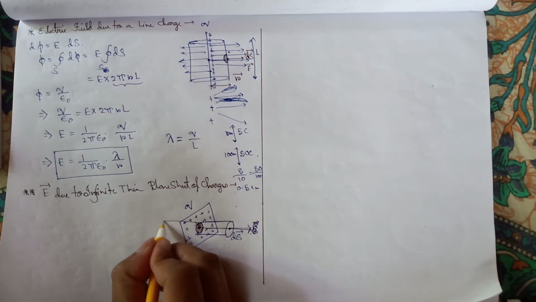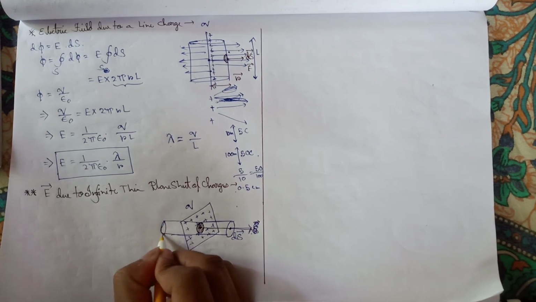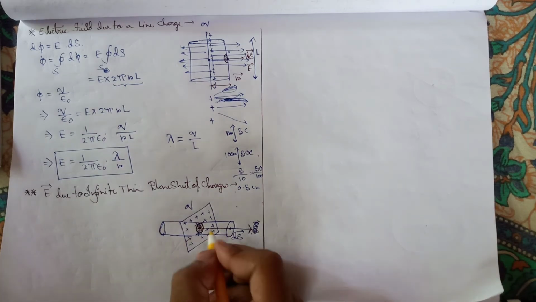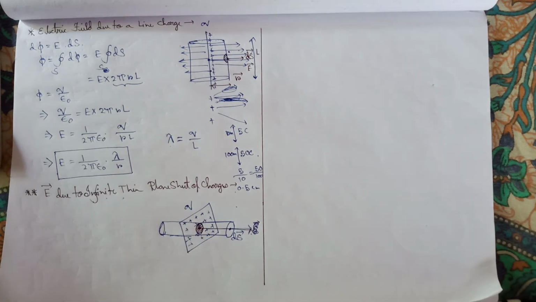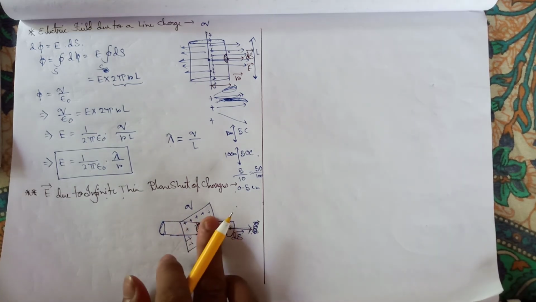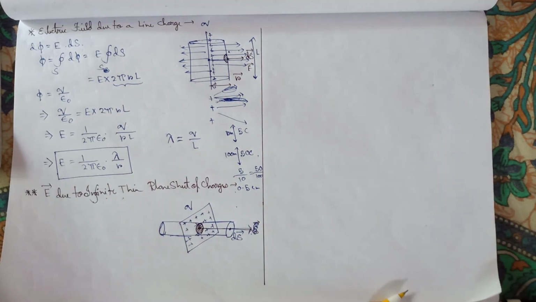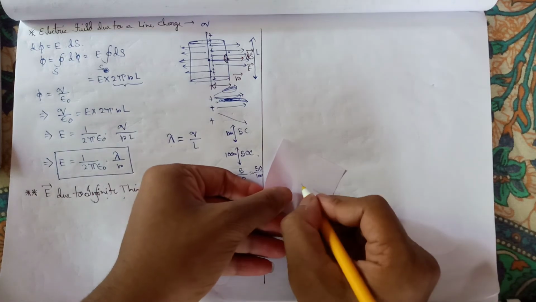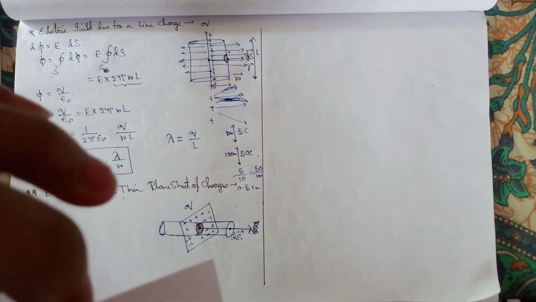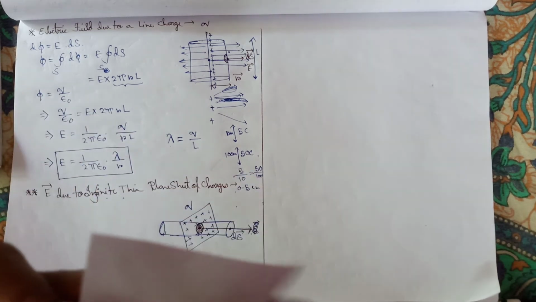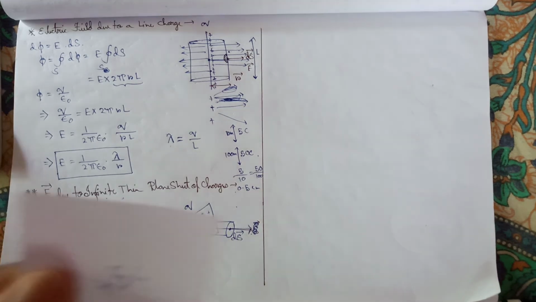So in the reverse direction we can also extend this cylinder. Why? Because as we are taking an infinitely thin plane, the plus charge will appear on both sides of the area. That means if the plus 5 coulomb charge is here in that part of the area, as it is infinitely thin, that plus 5 coulomb charge will also be seen in that part also, right?